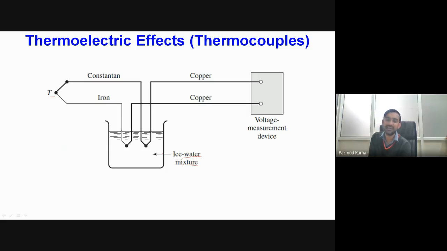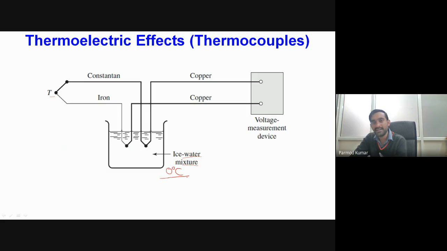If we do this at atmospheric pressure, the reference temperature will be close to 0 degrees Celsius. So we are maintaining the reference junction at a temperature of 0 degrees Celsius.